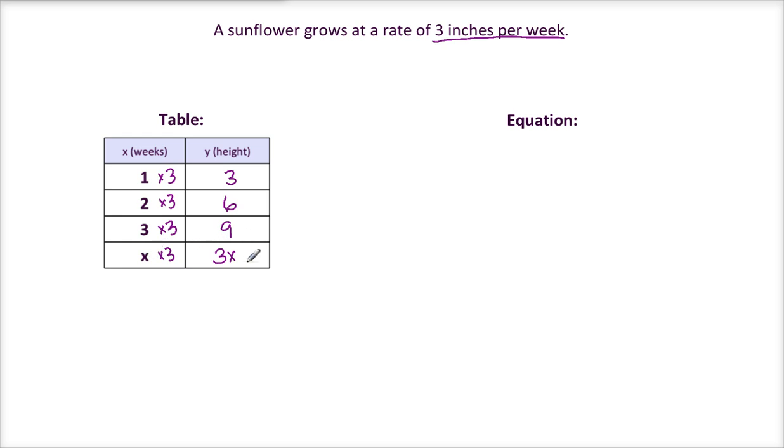Now let's use this box to help us figure out the equation. The total height of the plant, of the sunflower, is equal to 3 times what week it is. Oops, and actually I did an X, huh? 3 times what week it is.